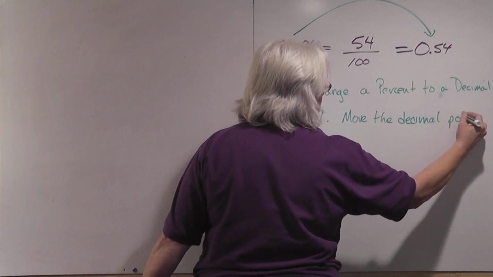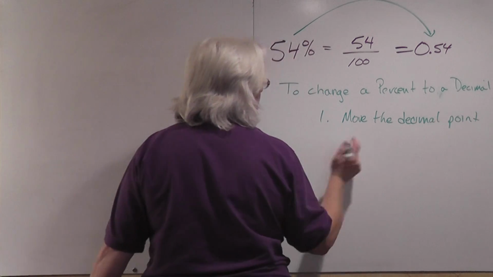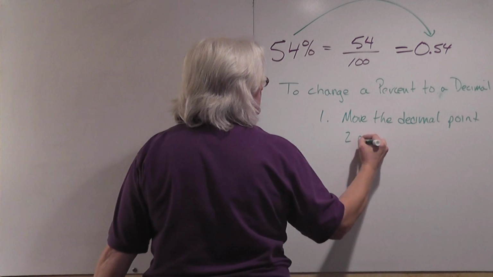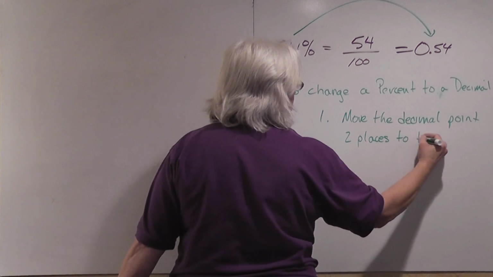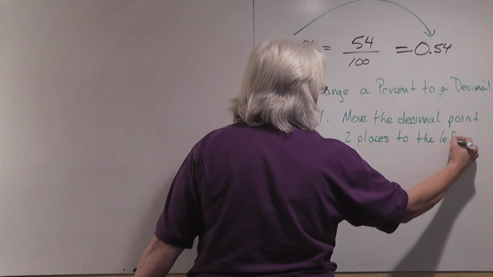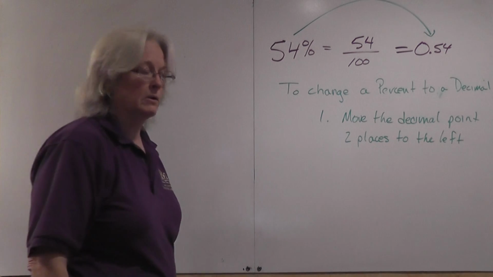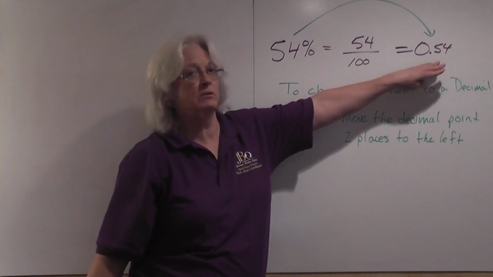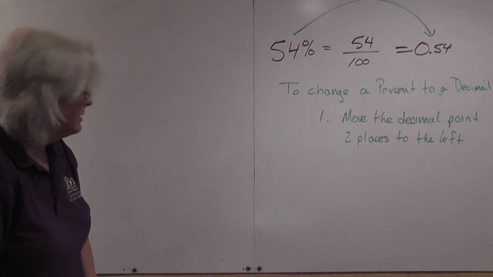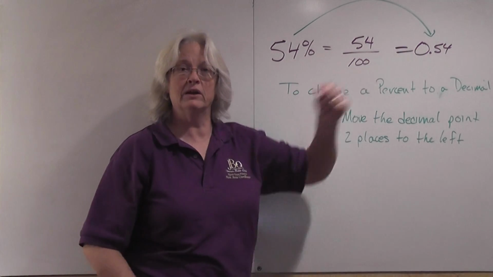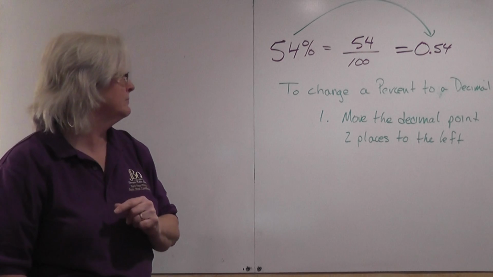Move the decimal point 2 places to the left. We've added that 0 to indicate that we have a number less than 1.